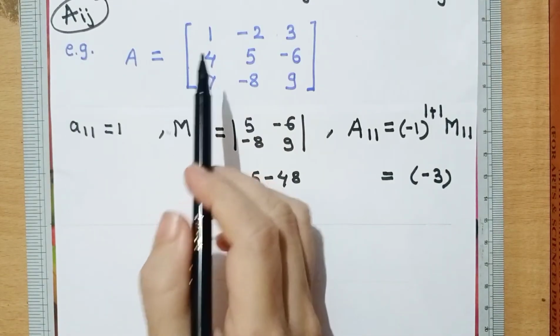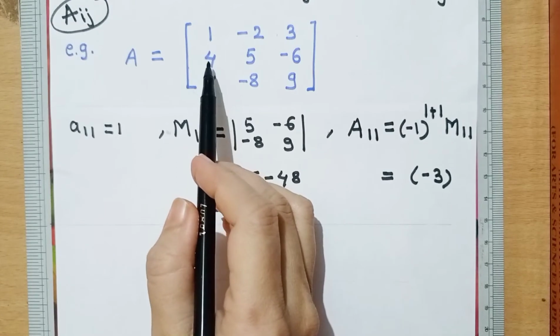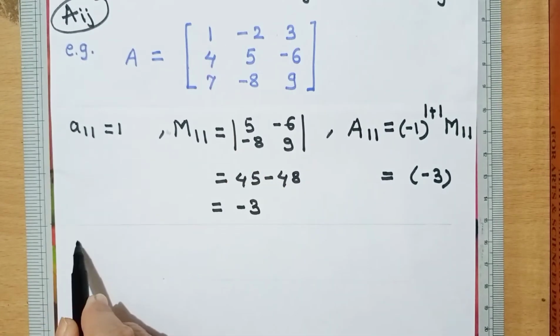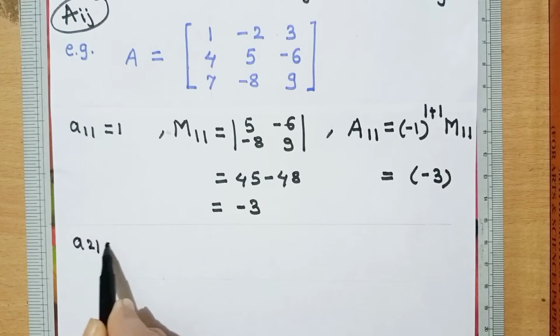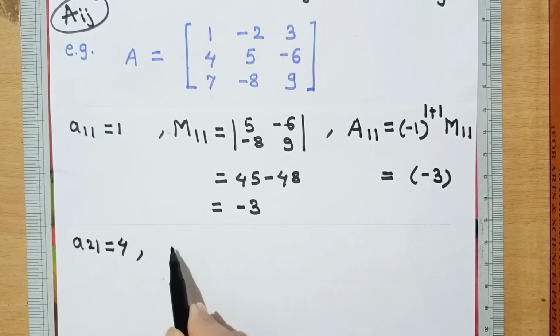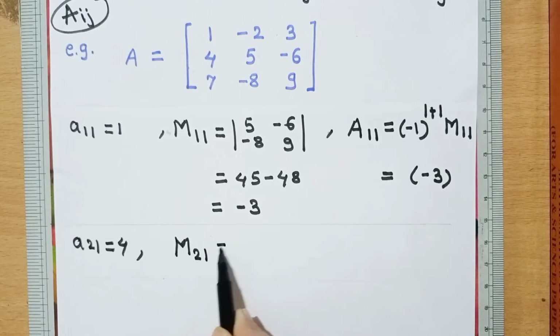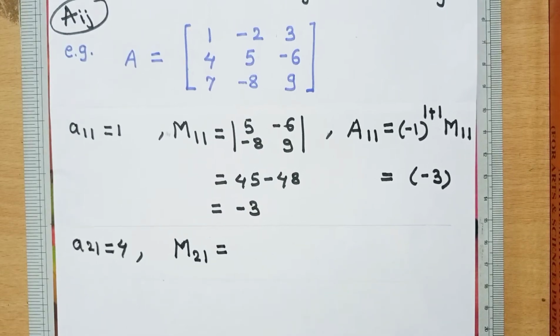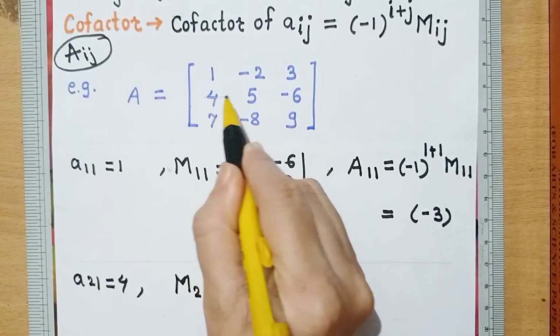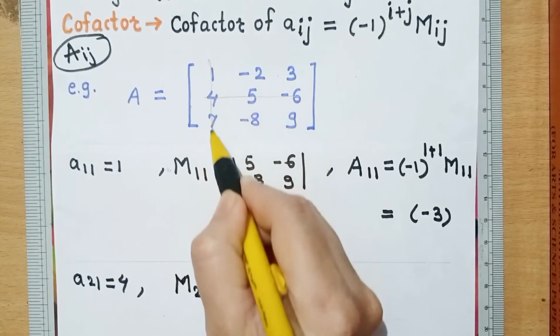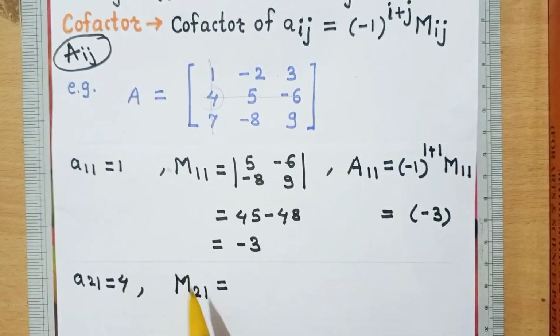Now let's find the minor and cofactor of this element. This element means A21, that is equal to 4. We will denote minor by M21, and that is equal to the determinant obtained by deleting the row and column in which this 4 lies.